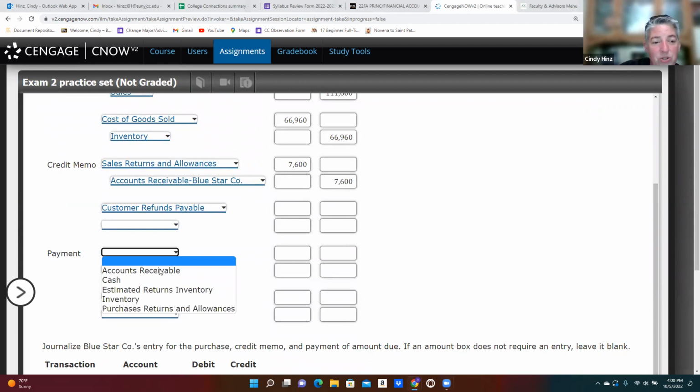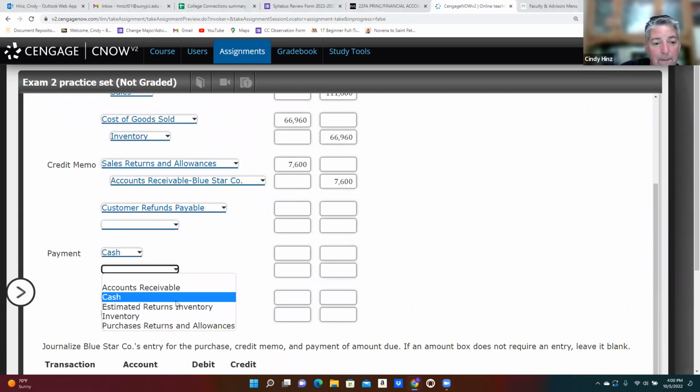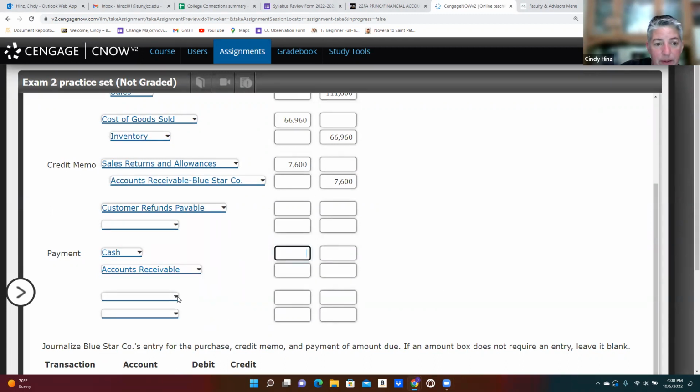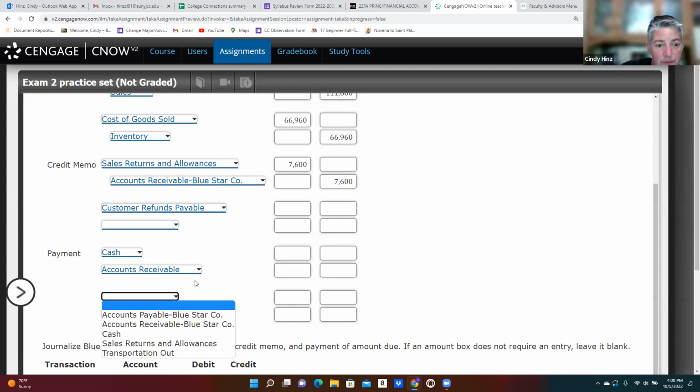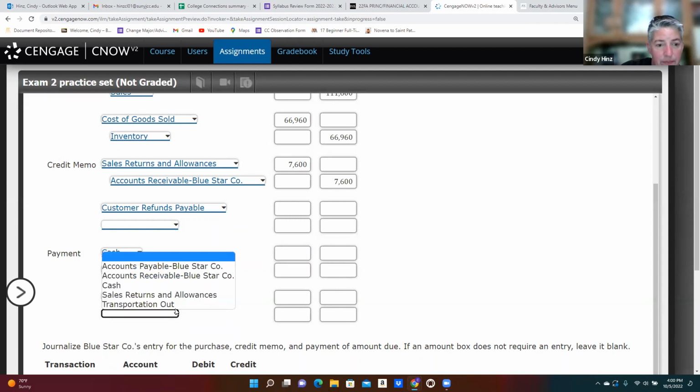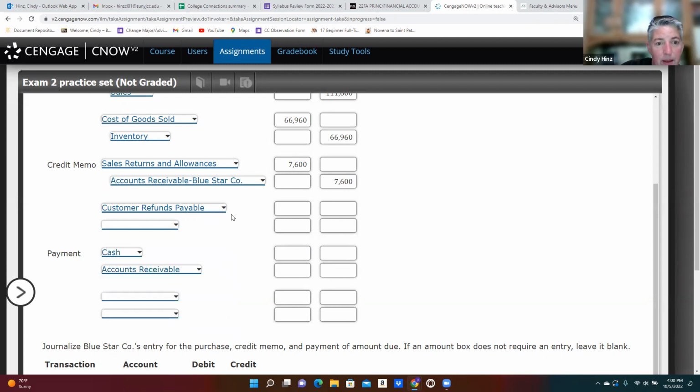So let's go ahead and show the receipt of the payment. Well, this is interesting. I'm not sure exactly where they want the freight to show up.